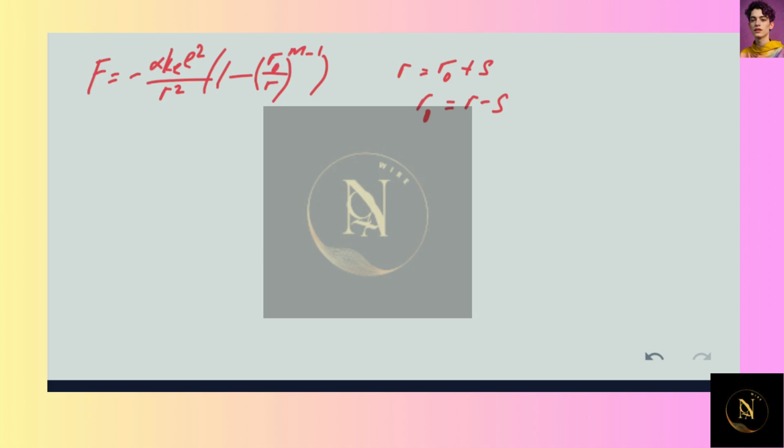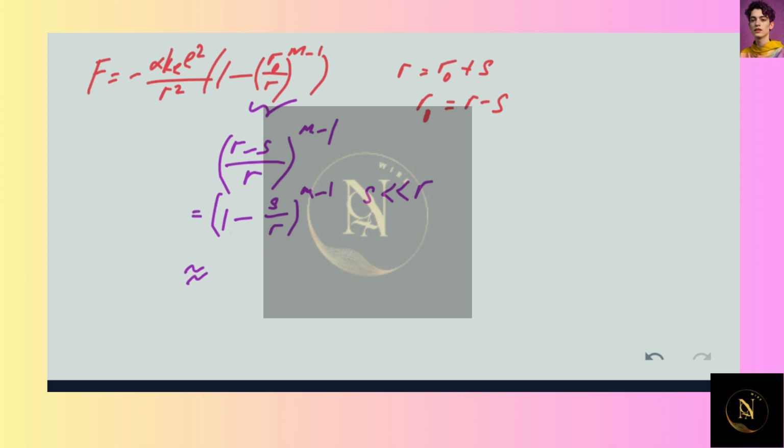So this will become, just focus on this bracket over here, or rather let me just focus on the inner bracket. This is just r minus s over r to the power of m minus 1, which is 1 minus s over r. And because s is very small, much smaller than r, we can use the binomial expansion for this.